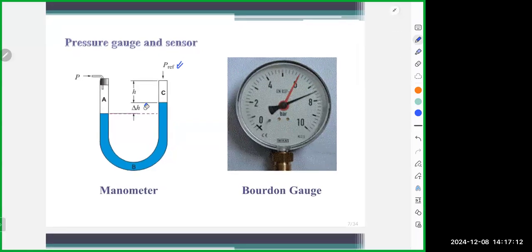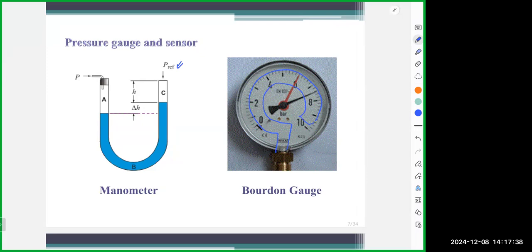So another one here is the Bourdon gauge. You can see that there is a gauge in the circle. Actually, inside it there will be a tube like this, something like this.